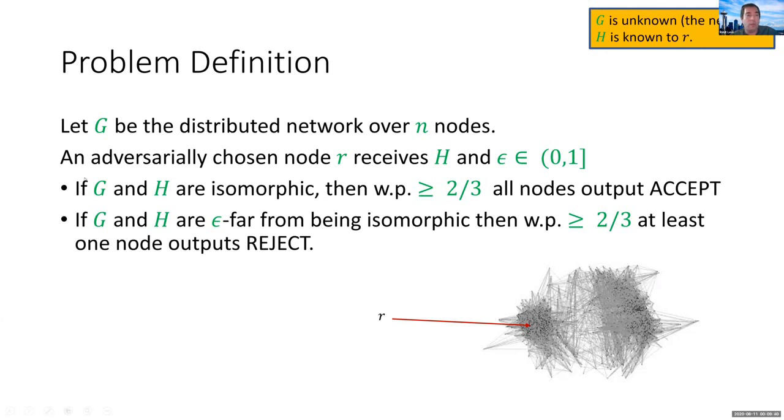On the other hand, if G and H are epsilon far from being isomorphic, then with probability at least 2/3, at least one node should output reject. So this is the natural definition for graph isomorphism testing in the CONGEST, in the distributed setting.